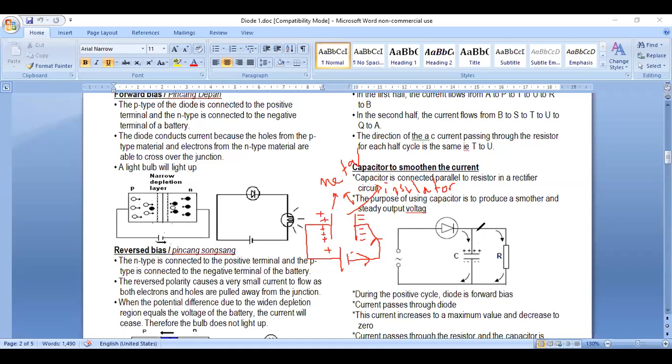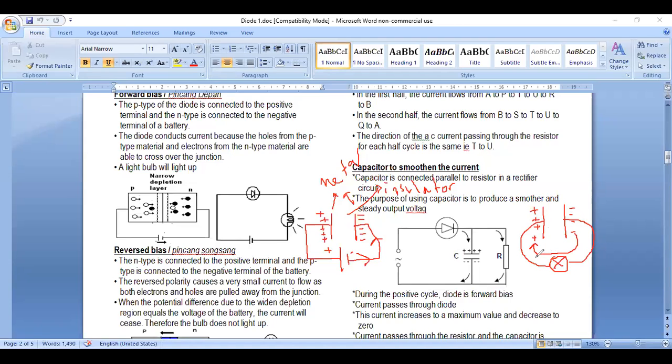Now let's say the capacitor has been charged. You take out the capacitor. Let's say you connect to a bulb. What you will see is that the bulb will light up for a while. Why? Because the electron will flow through the bulb to go to this side to neutralize this plate.